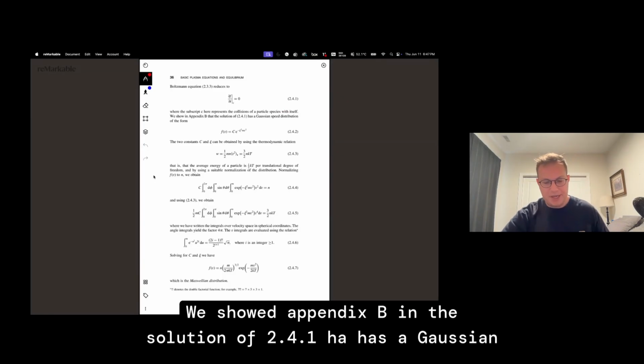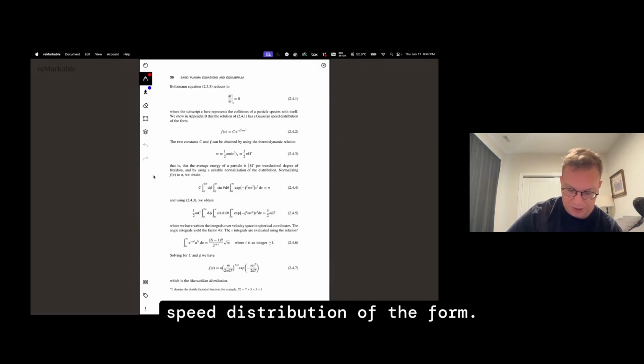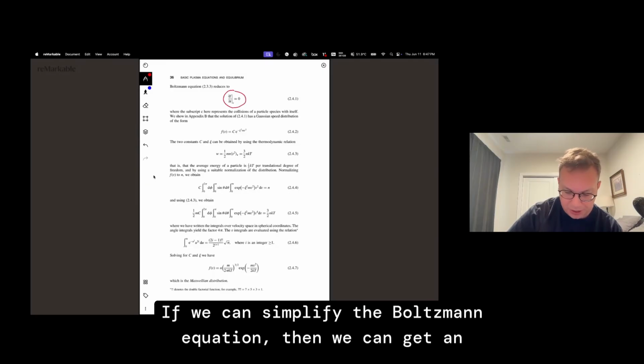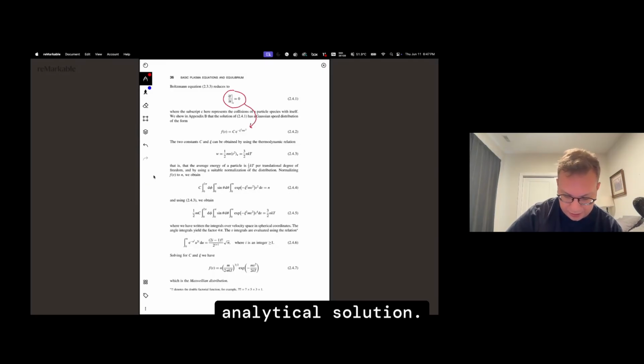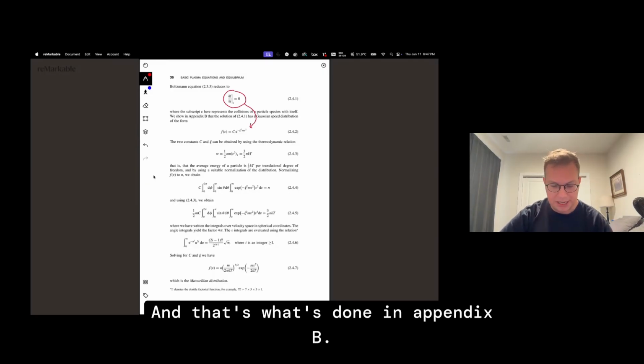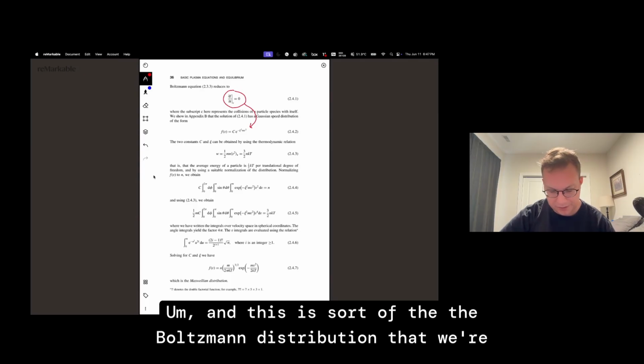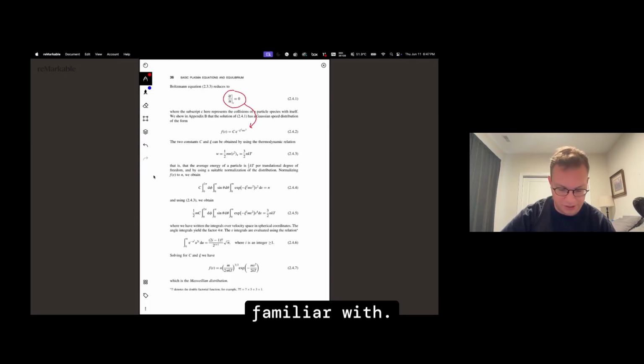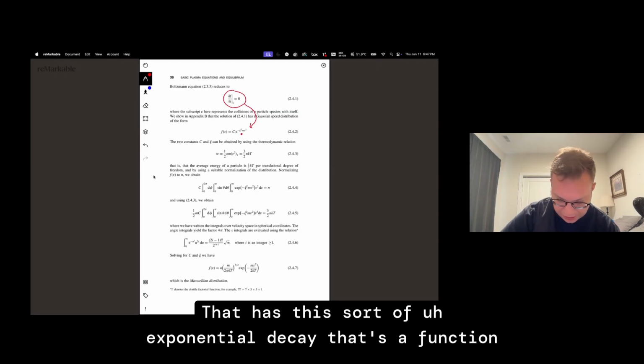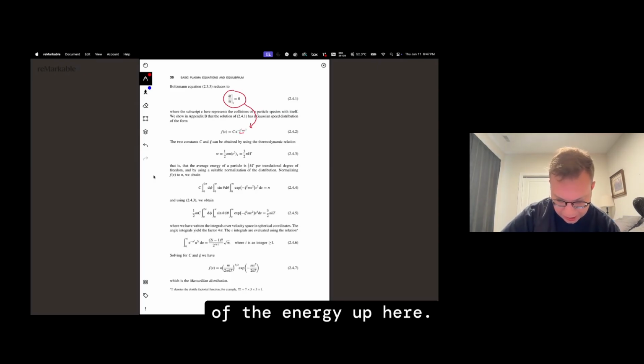We showed in Appendix B that the solution of 2.4.1 has a Gaussian speed distribution of this form. Remember what I said earlier: if we can simplify the Boltzmann equation, then we can get an analytical solution. And that's what's done in Appendix B. This is the Boltzmann distribution that we're familiar with, with this exponential decay as a function of the energy up here.